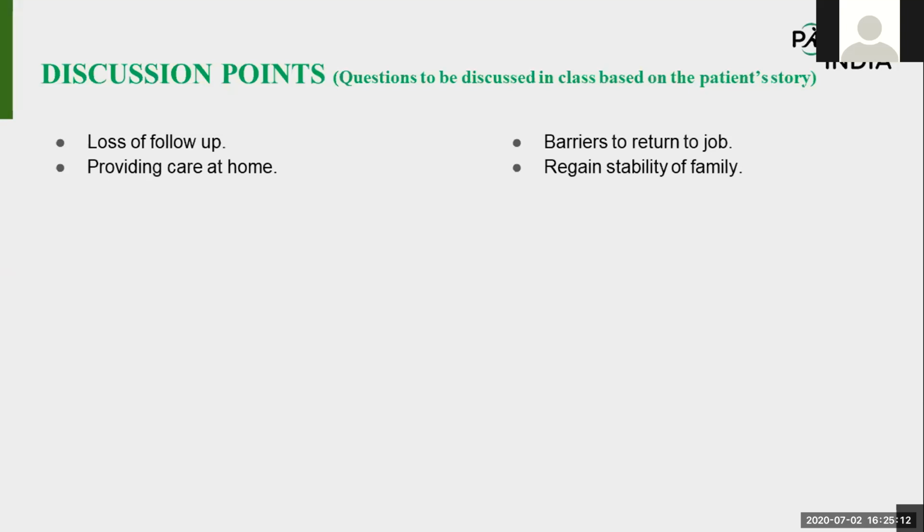As you told, financial constraint is a big issue especially in our setup where most of our patients are very poor, mostly from the poor socioeconomic class. But a bit of modification is always possible. Like they can get a high chair and commode chair and all. They can easily get those.